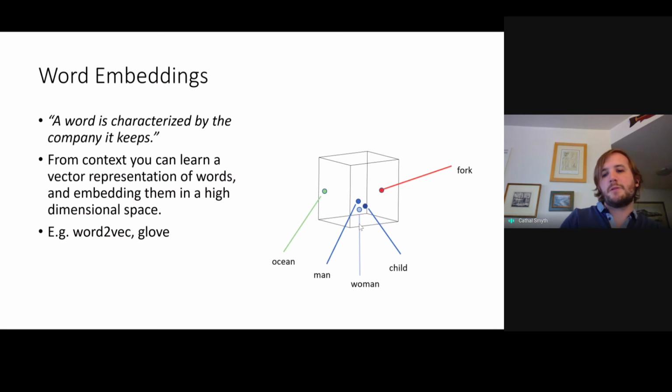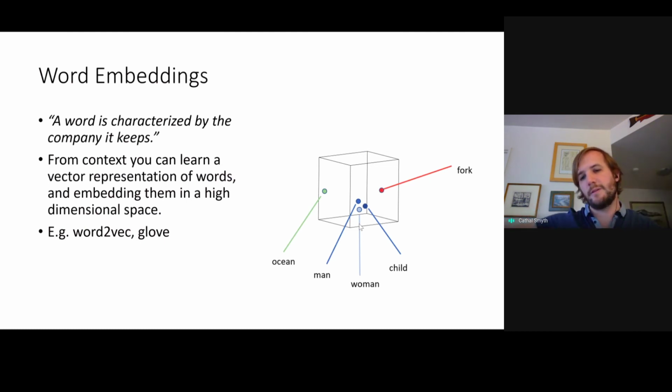And in this cartoon here, we've got 5 different points in this 3D space, which is laughably small compared to the word2vec space of, say, 300 dimensions. But you can get the concept here, where man, woman, and child are all very similar to each other because they're similar concepts. They're all humans, right? But ocean, okay, maybe it's a concept of nature, but it's a good bit further away from us.